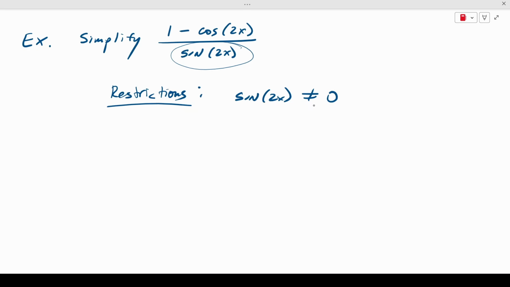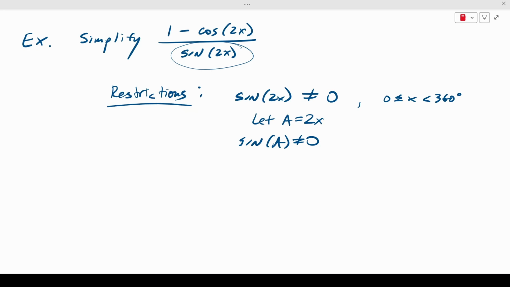And when would this be 0? Well, it's kind of neat. There's actually a couple ways to solve this. Let's solve it the most straightforward way. Let's say if we let a equal 2x, then we're saying that sine of a can't be 0, okay? And let's get the restrictions over one circle. We're going to go over one revolution. X is between 0 and, let's work in degrees for the moment, 360 degrees.